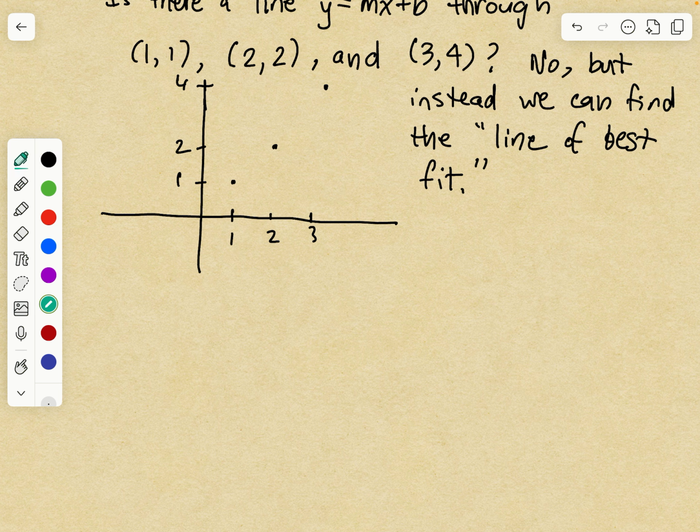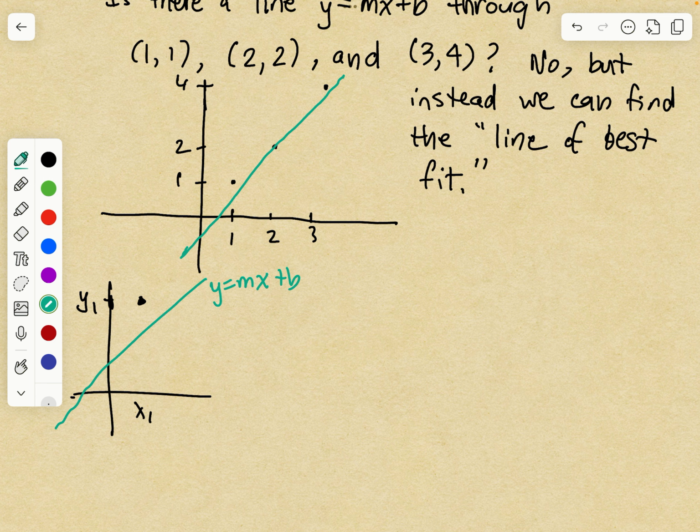that it's the line such that when you look at the error, so let's zoom in a bit. Let's say that you have a point here, which is x1 comma y1, and you have a line y equals mx plus b like this.